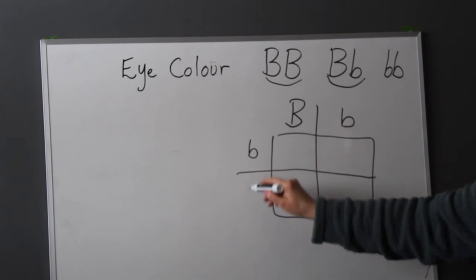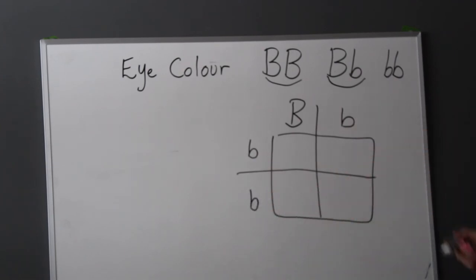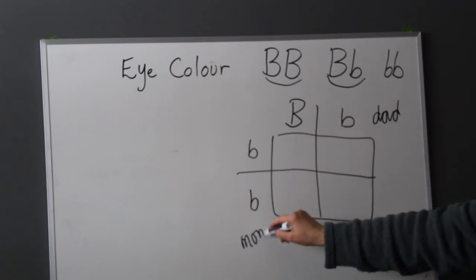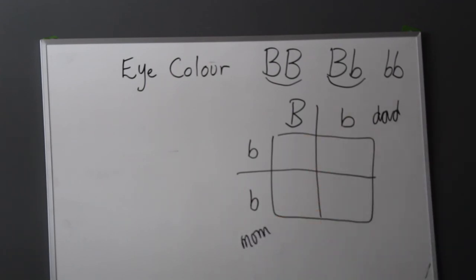So here we have a brown-eyed parent, well, let's call him Dad, and a blue-eyed parent, let's call her Mom, okay? And we want to see what color eyes her offspring could possibly have.